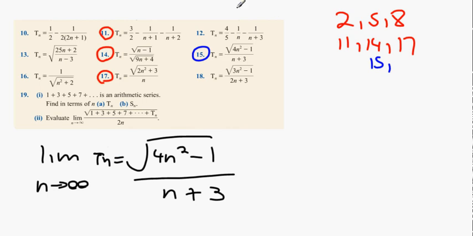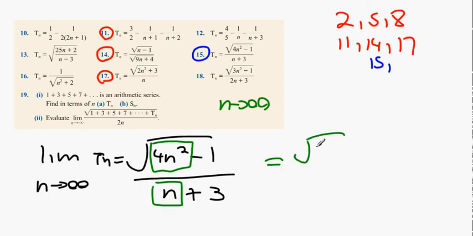Now what I want you to zone in on is the fact that if n is approaching infinity, this number here becomes really significant in comparison to the minus 1, as does the n. So in effect we would be dealing with the square root of 4n squared divided by n, which is going to be 2n over n, which equals 2. Okay, and that's going to be our limit.